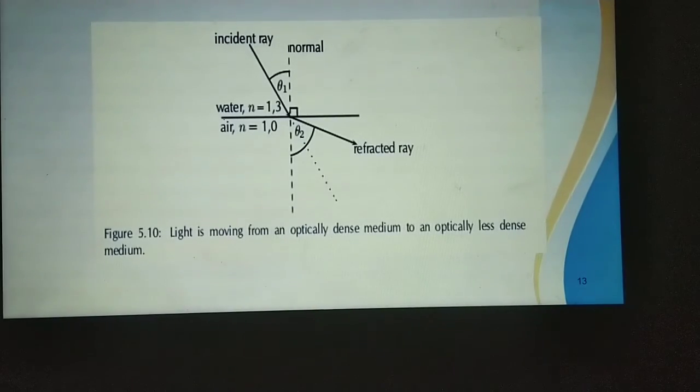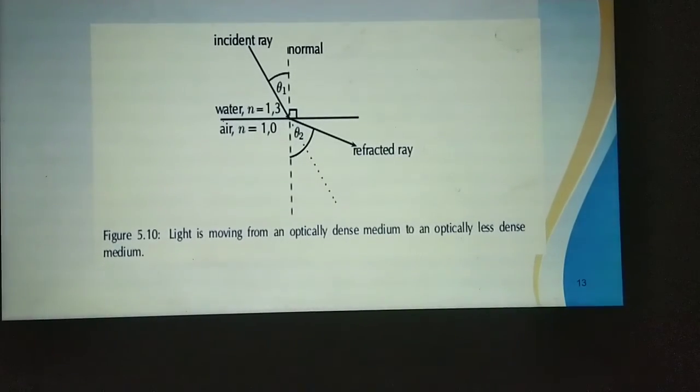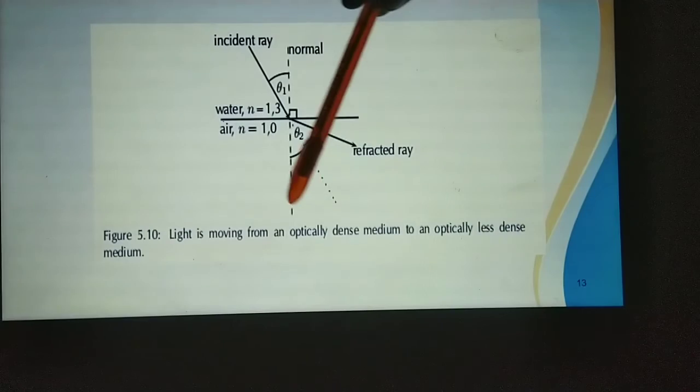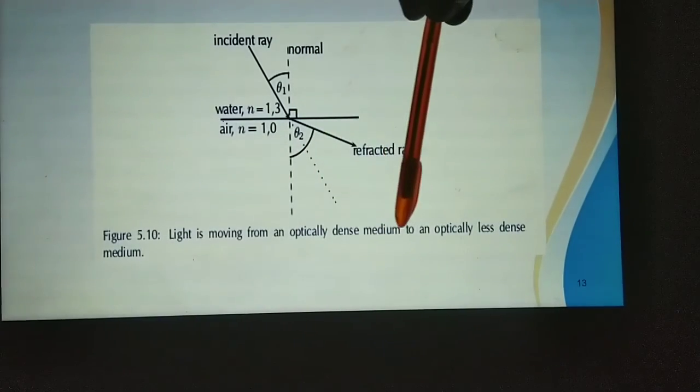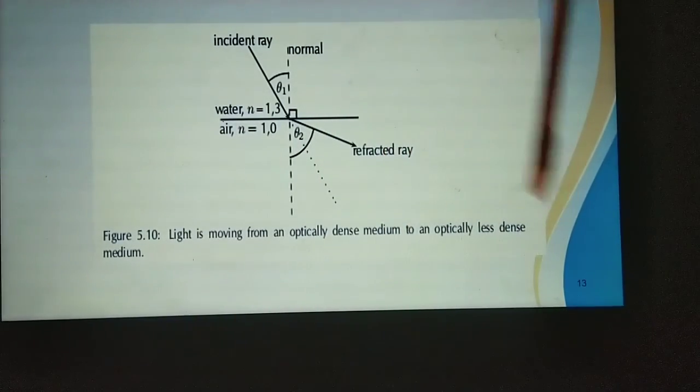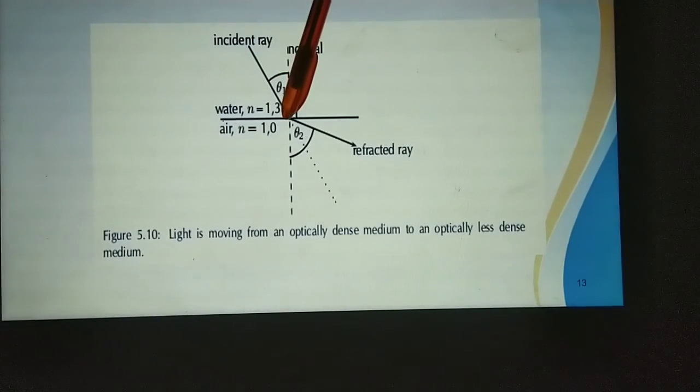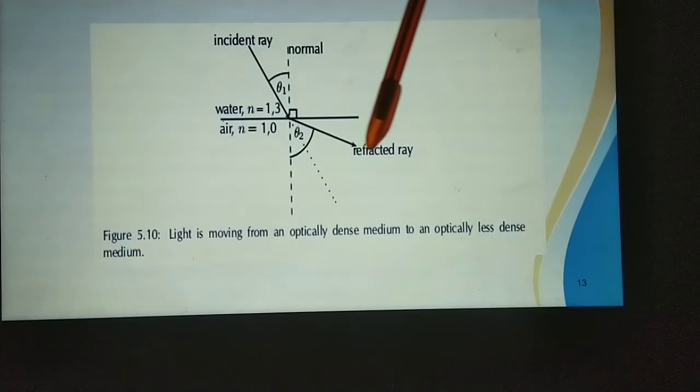So let us check here. First, here you do have the diagram. If you check, it's moving from an optically dense medium to a less dense one. So it comes in straight, and when it strikes here, it was supposed to go maybe straight, but it then bent like this.